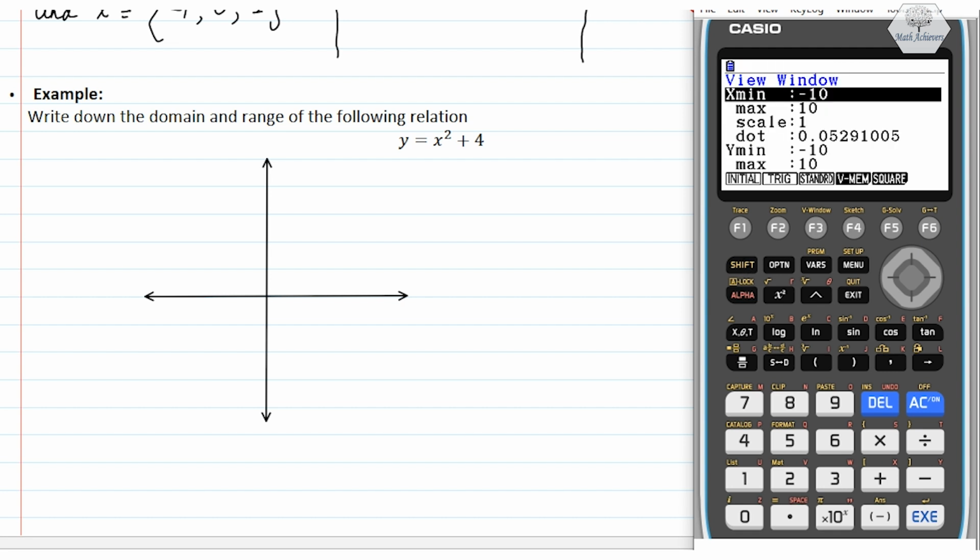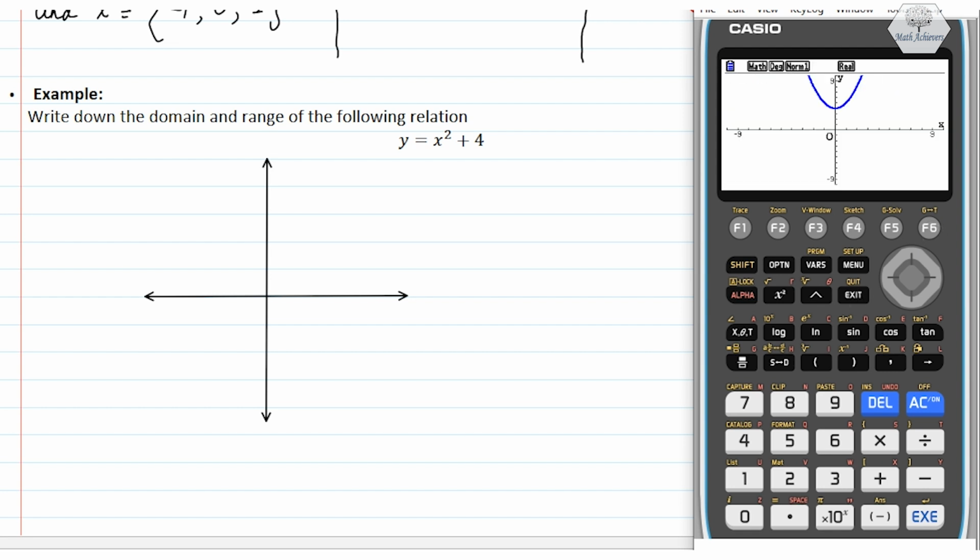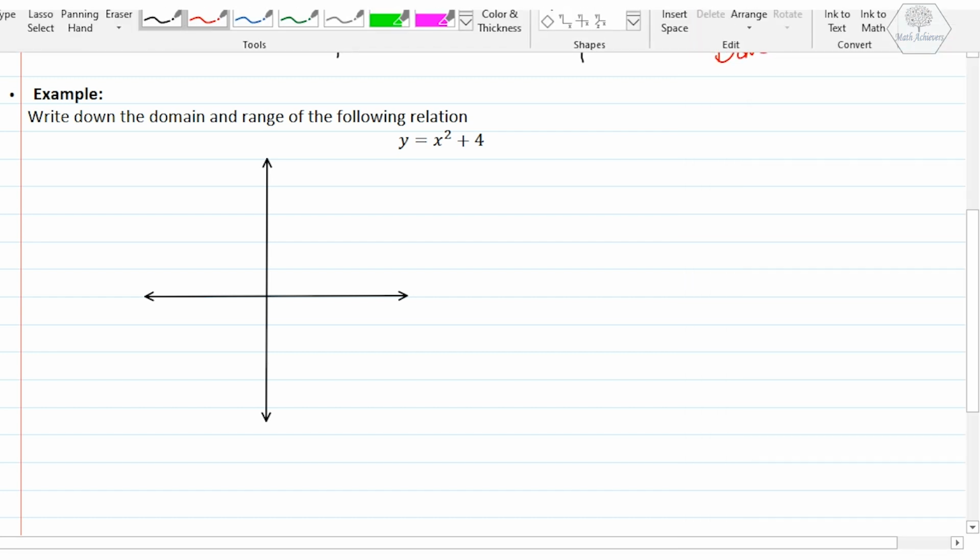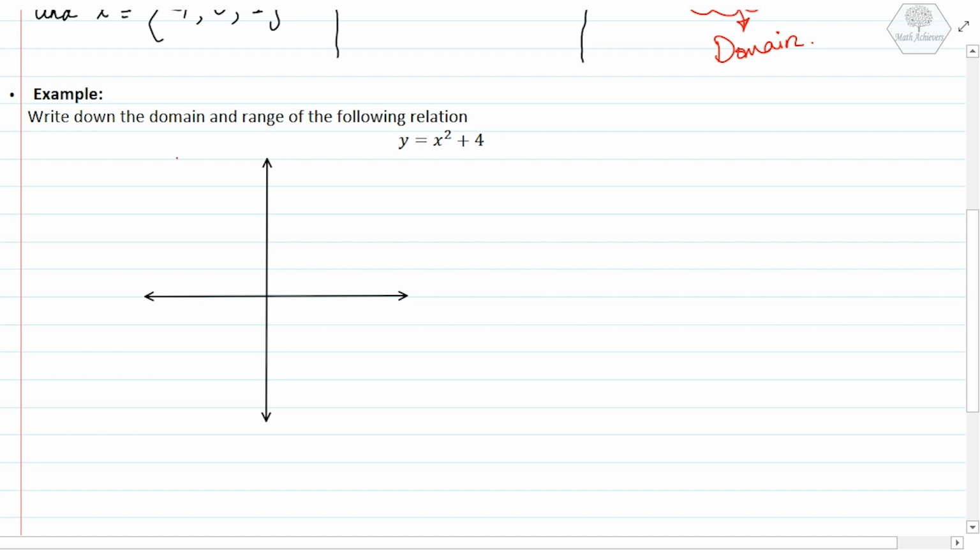It is standard, x from -10 to 10, and y minimum -10 to 10. So I draw my relation. I have it this way. So I'll be drawing the curve. It has this shape, continuous from the right and then continues to the left.